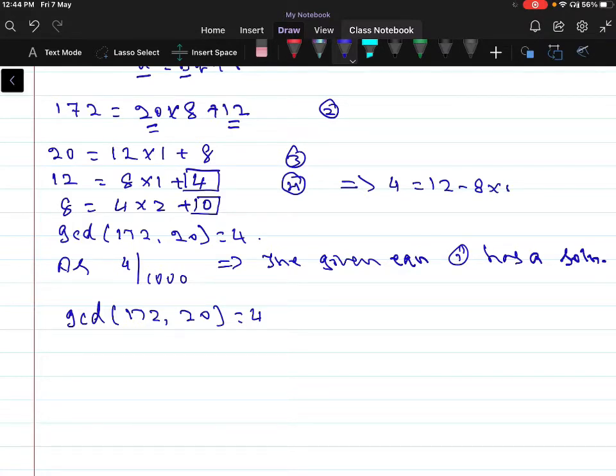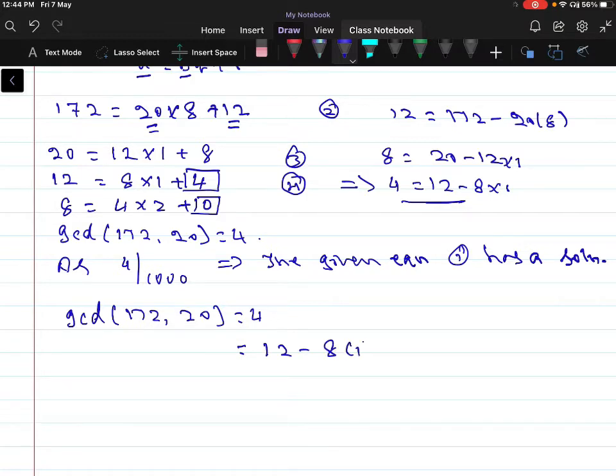Similarly from 3, 8 is equal to 20 minus 12 into 1. And from equation 2, 12 is equal to 172 minus 20 into 8. By using these, 4 can be written as 12 minus 8 times 1.